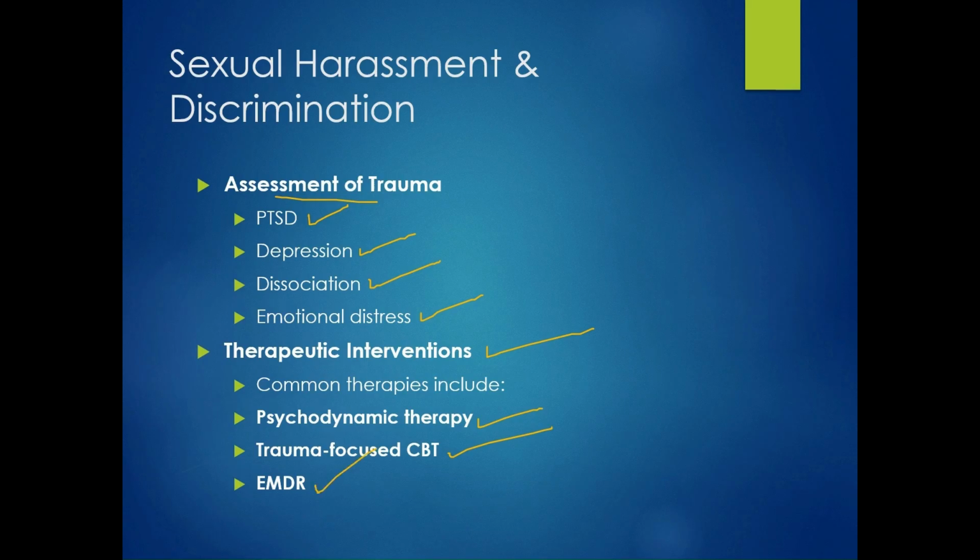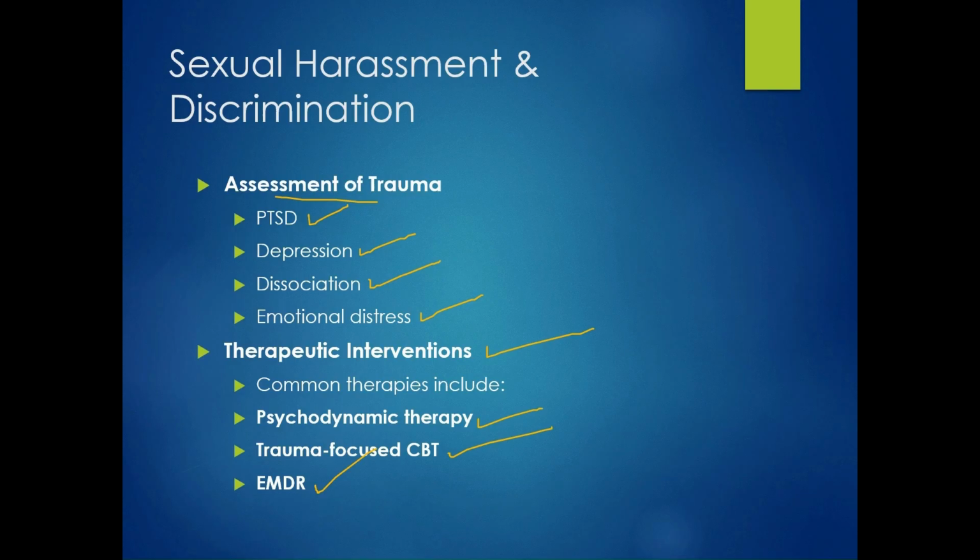And EMDR. This is eye movement desensitization and reprocessing, which means the person is asked to look from sideways to sideways while talking about the memories, what happened, the experiences, right? It is believed that when the person is talking about the experiences while engaging the eyes in different kinds of movements, the severity of the memory comes down. So that is EMDR.